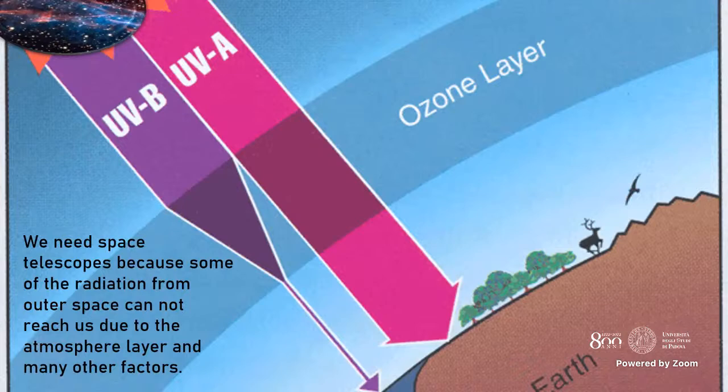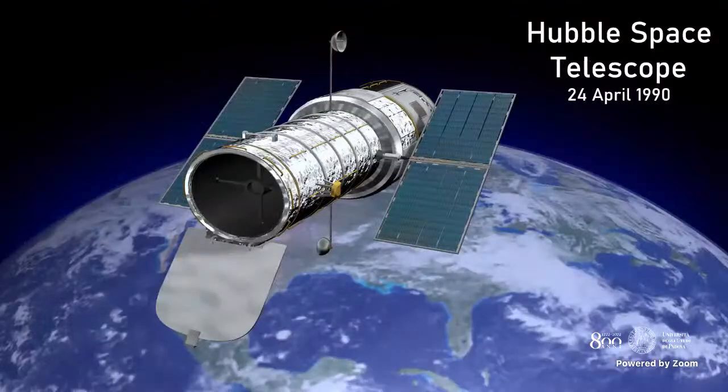So we need to take our telescope out of the atmosphere into outer space, not very far, not in high altitudes, but far enough to see deep space. One of the famous deep space telescopes is the Hubble Space Telescope.